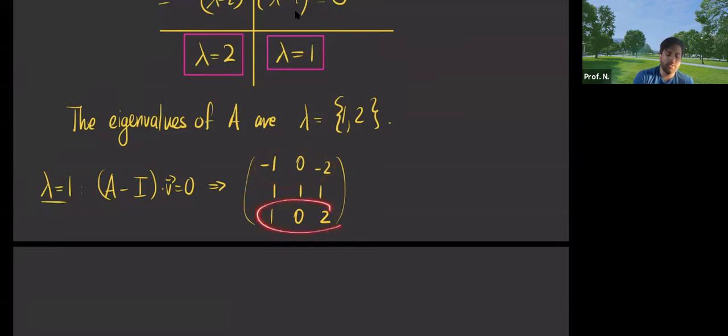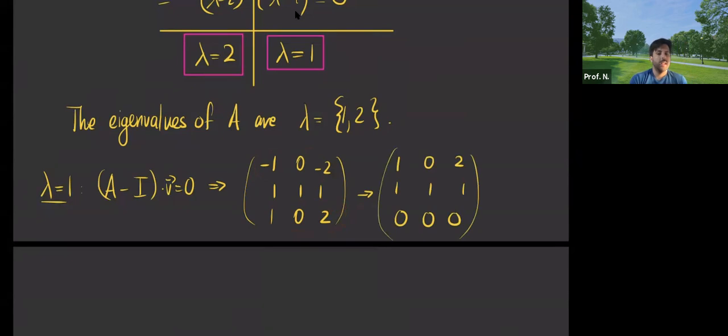So I can get rid of this last row very easily, and this becomes 1, 0, 2. This is 1, 1, 1, 0, 0, 0. Do you guys see that? And then to get rid of this 1 here, I have to subtract row 1 from row 2. And what do I get as a result? I get 1, 0, 2, and 0, 1, negative 1, and 0, 0.